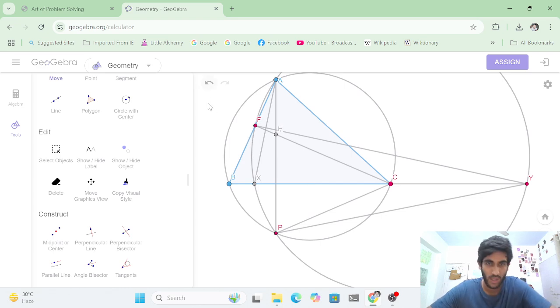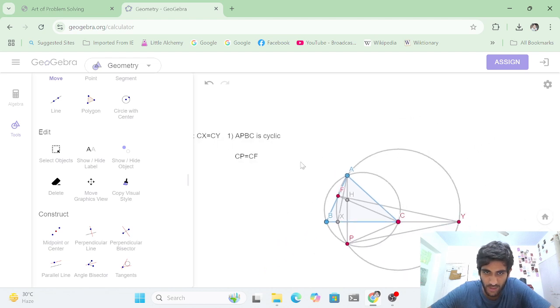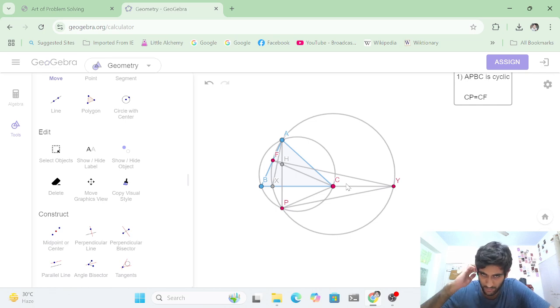When I look at the problem, the first thing that should come to my mind, even before what the question is asking, is that A, P, B, C are all cyclic. And then CP gives me CF. So I've got two circles here, and lots of points lying on them.